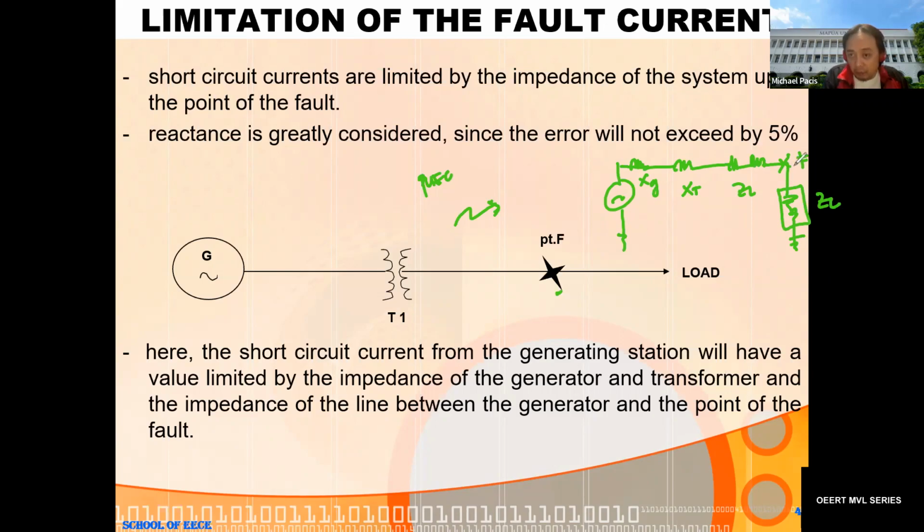Now, you cannot get the fault current here by having this, which we call the voltage per unit. I forgot to mention, this is VG per unit in this case. Voltage per unit, for example, you have 1 angle 0, in this manner.